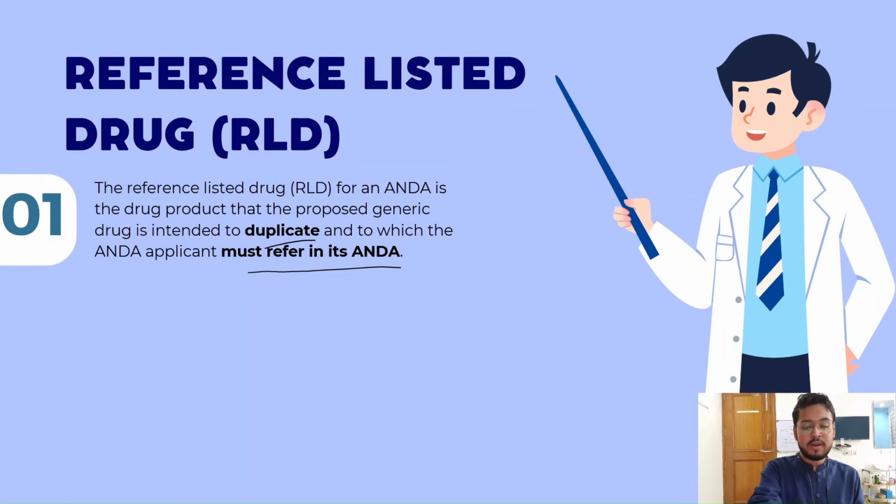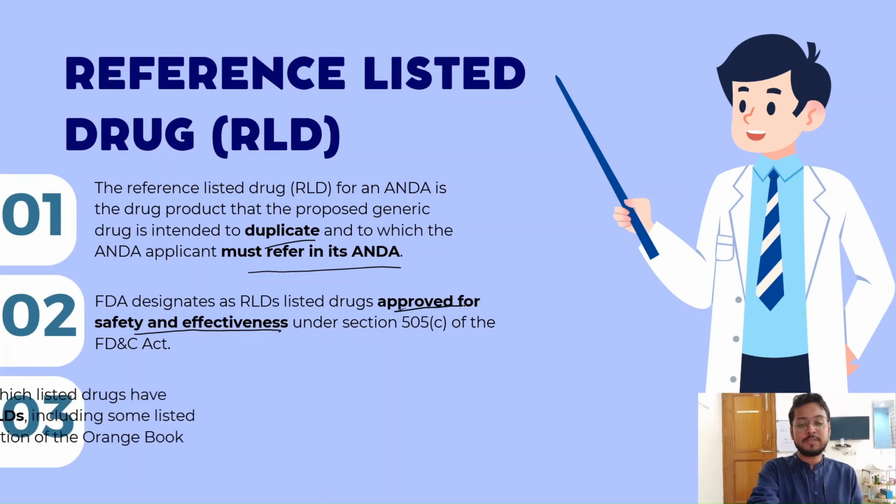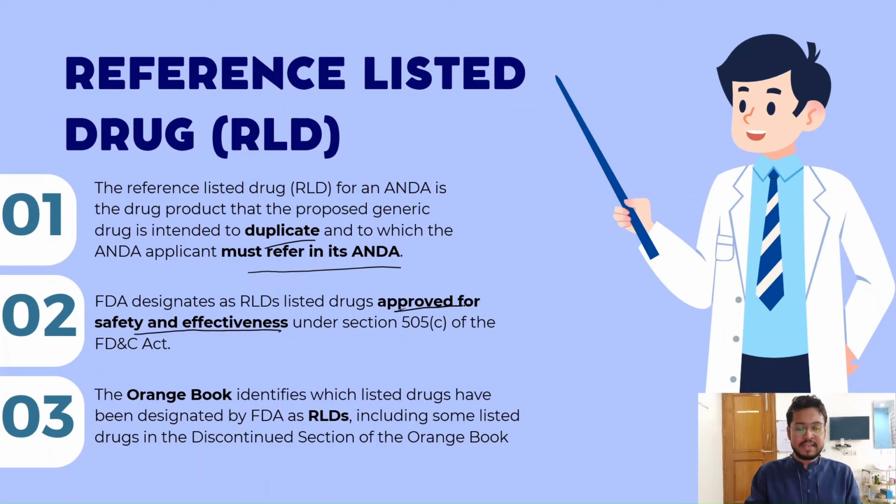The important point to keep in mind is that the drug which is designated as the RLD has proved its safety and effectiveness. So these RLDs are approved for their safety and effectiveness. And in the Orange Book, you can find these RLDs. There is a separate column given for the RLDs. You can go and search the Orange Book and find these details.